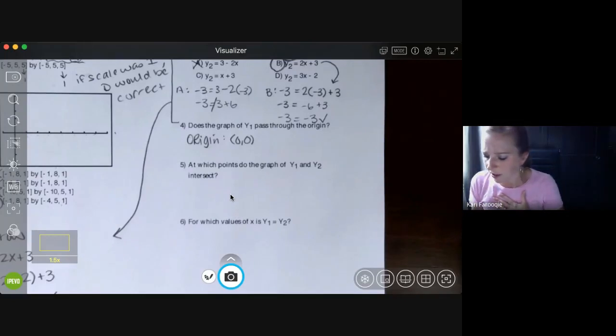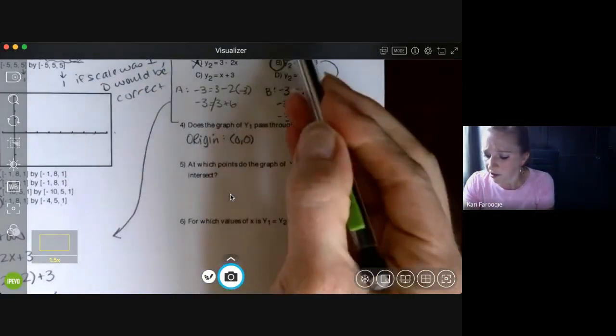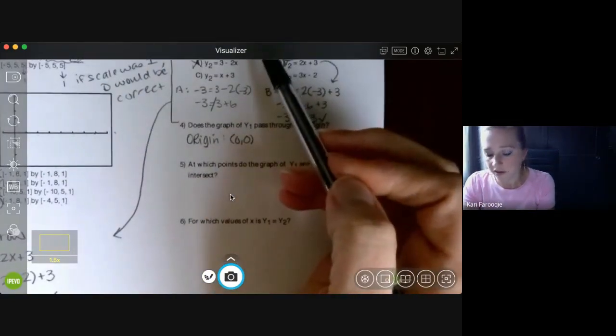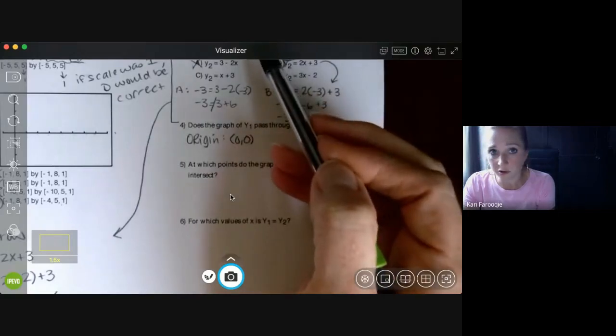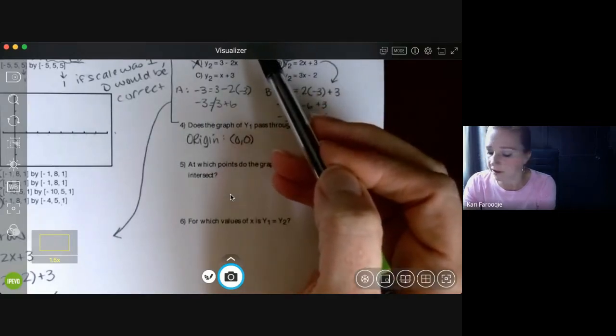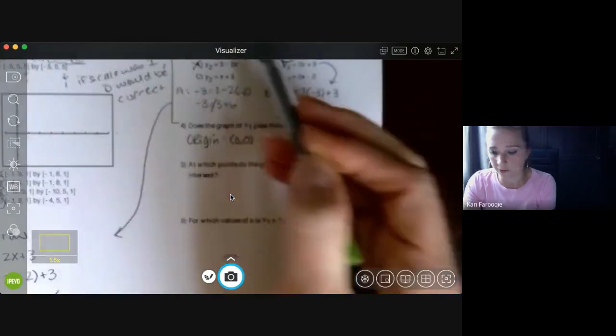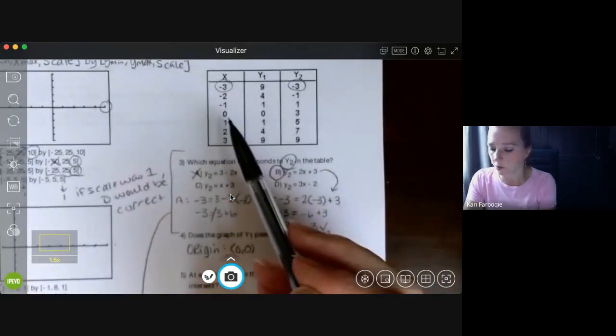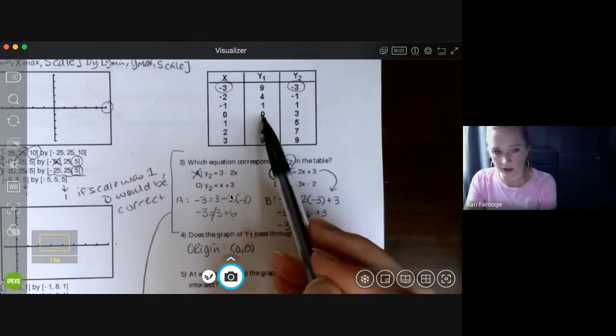So what you're looking at is you're going to look at the data for y sub 1, and you're going to see if the point 0, 0 lies on this line. That means when x is 0, y is 0. And from what I just said, that's true. If x is 0, y is 0.